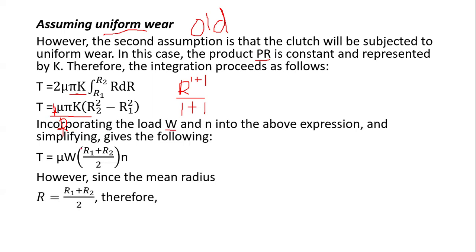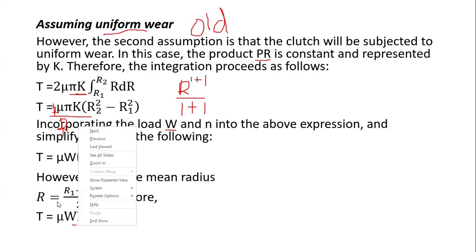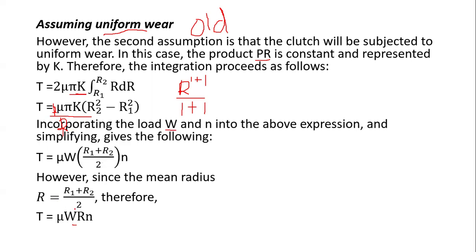So what is this? This is the average radius. That being the case, then we can simplify this. It becomes torque is equal to mu W R small letter n. This is in terms of when you've been given the total spring force. If you haven't, then you know where to go up there.